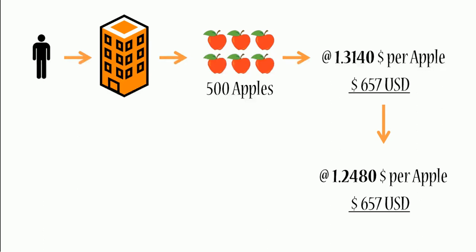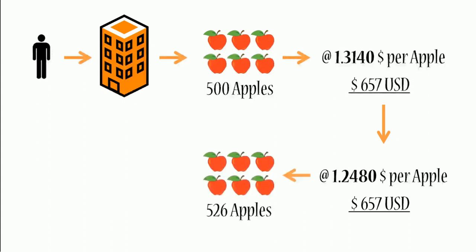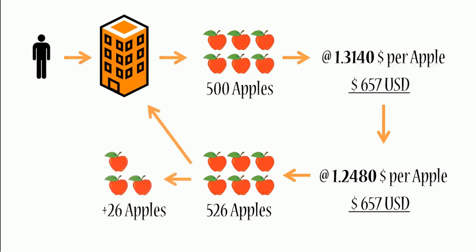So what are you going to do with these $657 now? Well, you're going to go and you're going to buy back apples. Now with your $657, you can buy 526 apples. So as you remember, you still have to return 500 apples to your broker. And that's exactly what you do.